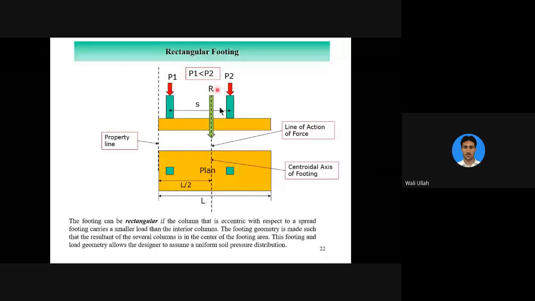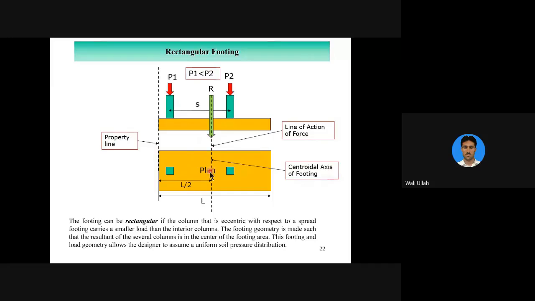What we do, first we find the resultant of P1 and P2. This is resultant R. Since P1 is less than P2, this resultant will be close to P2, away from P1. This is the line of action of R. We provide a rectangular footing such that the centroid of the footing is in line with the resultant.